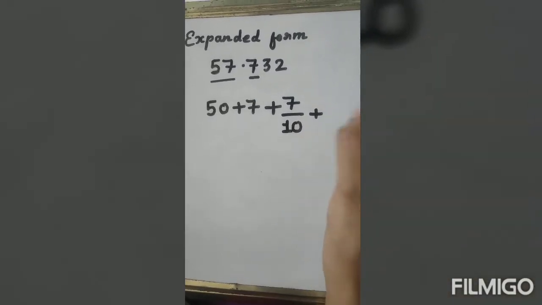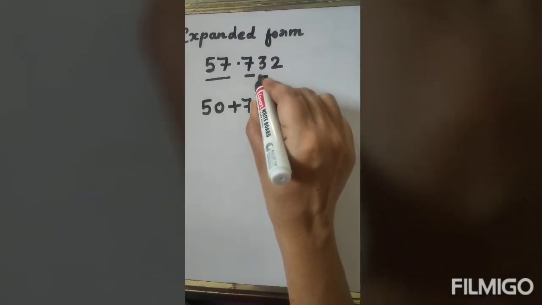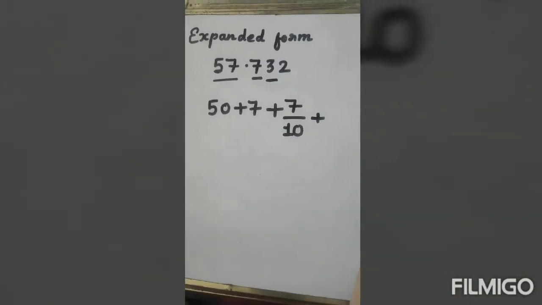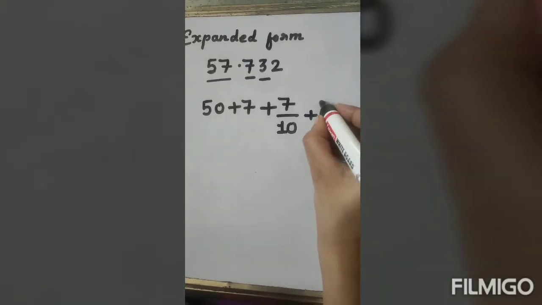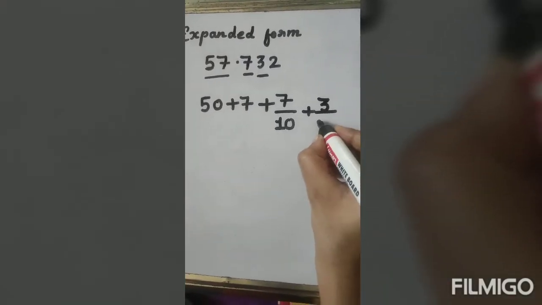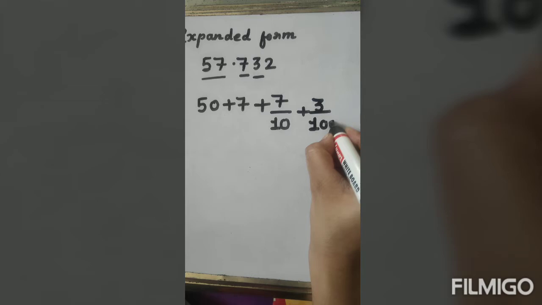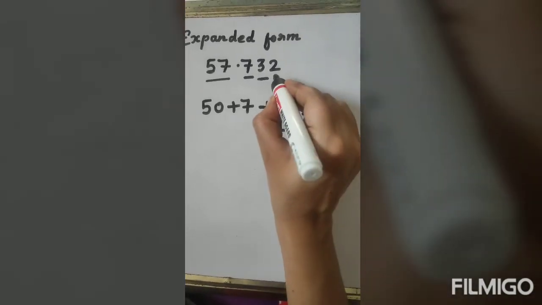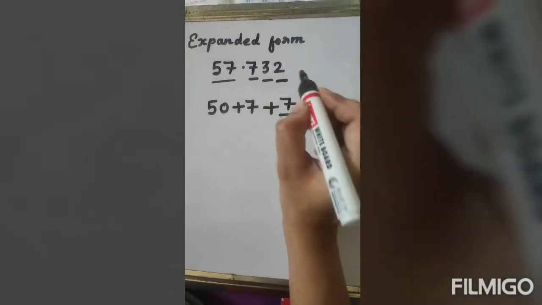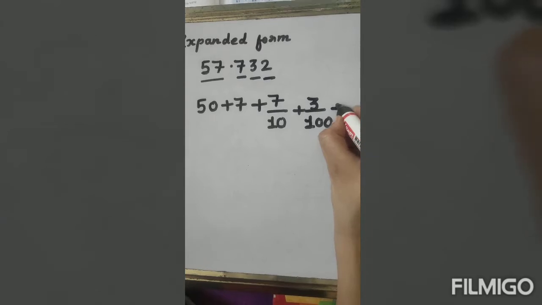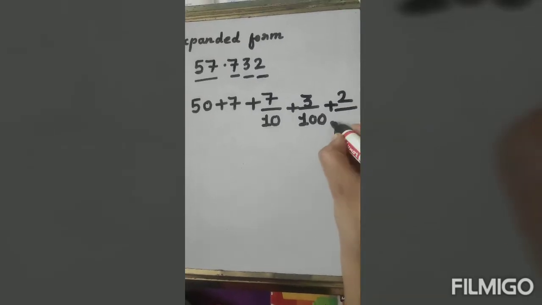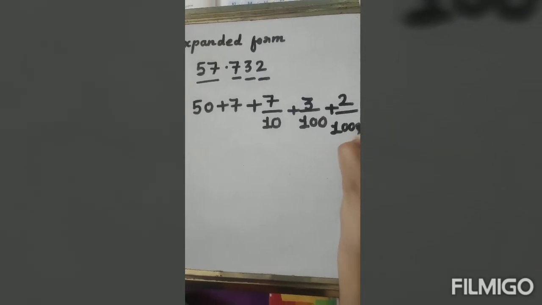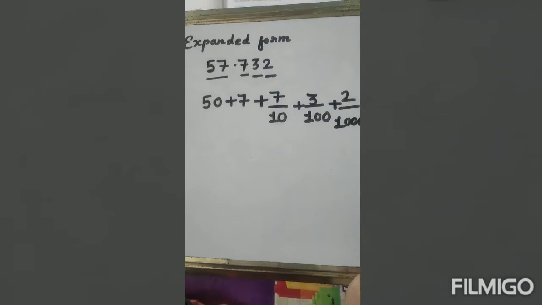Now this is the part out of 100 parts. How many parts out of 100 parts? 3 parts out of 100 parts. And this is the number of parts out of 1000 parts, 2 parts out of 1000 parts. So this is the fractional expansion of this decimal number.